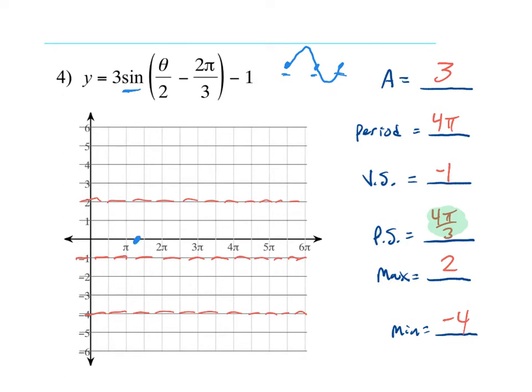And then we have a period of 4 pi. 4 pi is 8 of these squares, right? 1 pi is 2 squares, and 4 pi would be 8 of the squares. So essentially what I want to do is count 8 squares over from my blue dot and put the ending dot.